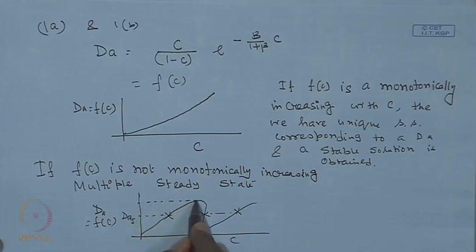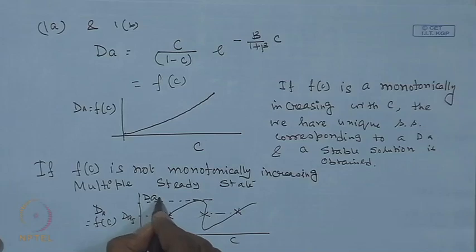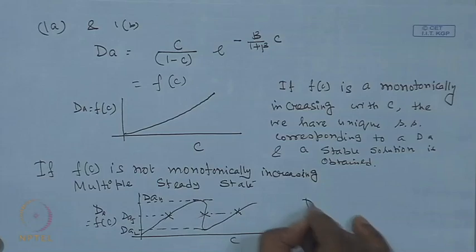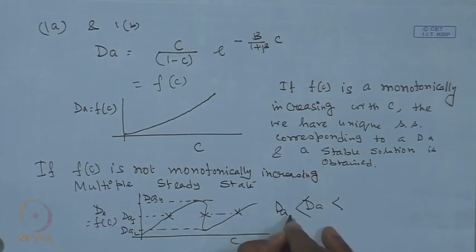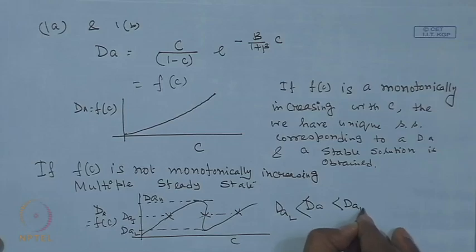So, you can have an upper Damkohler number, Da upper, and a lower Damkohler number, Da lower. For a Damkohler number in between Da lower and Da upper, one can have more than one steady state.